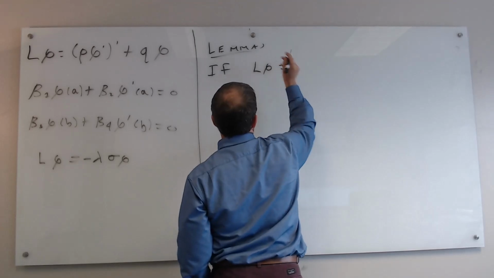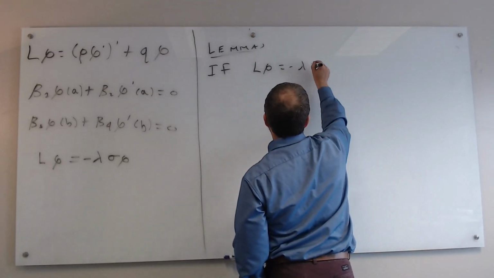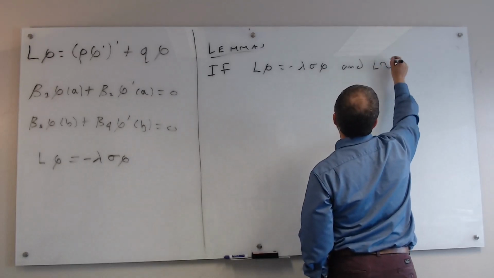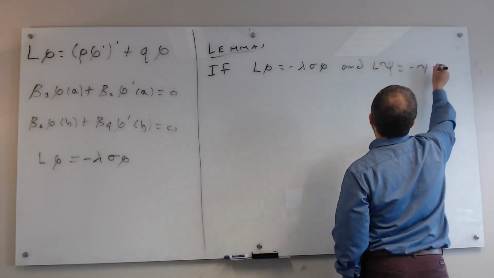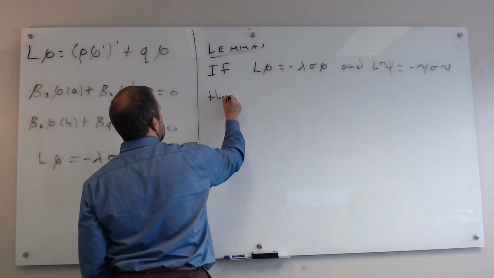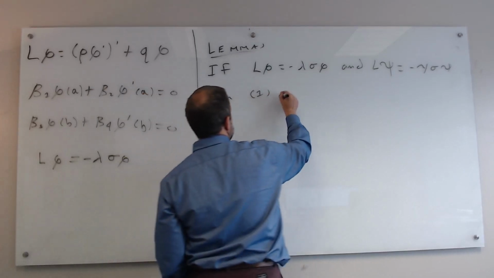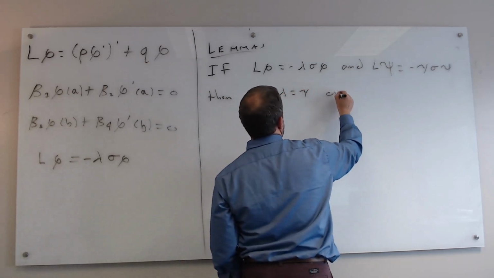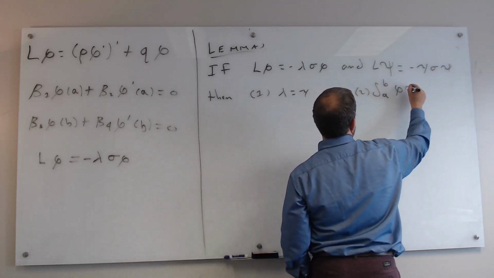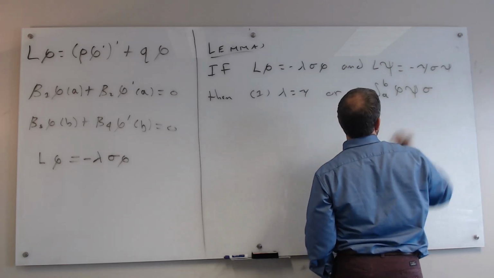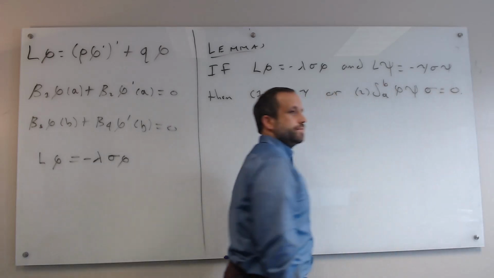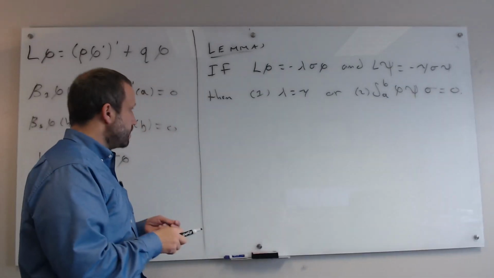So if we have L phi is equal to minus lambda sigma phi, and L applied to psi is equal to minus gamma sigma psi, then either, and these both could be true, either lambda is equal to gamma, or the integral from a to b of phi times psi, and again we're integrating relative to the weight sigma, is equal to 0. Okay, and so let me just give this argument.